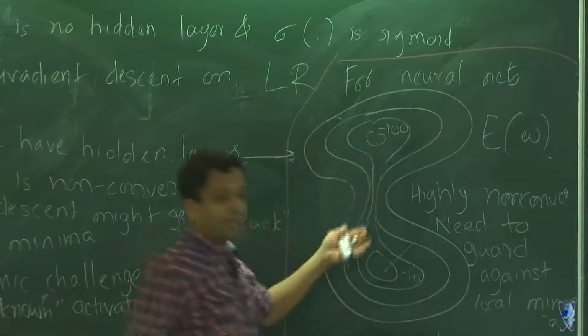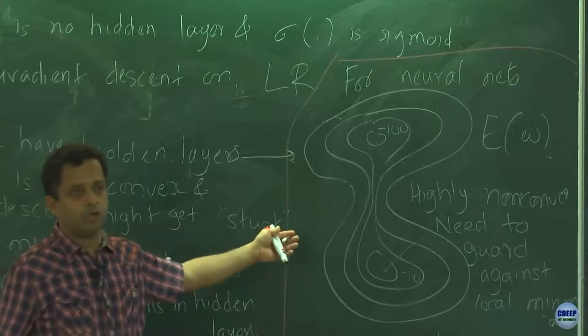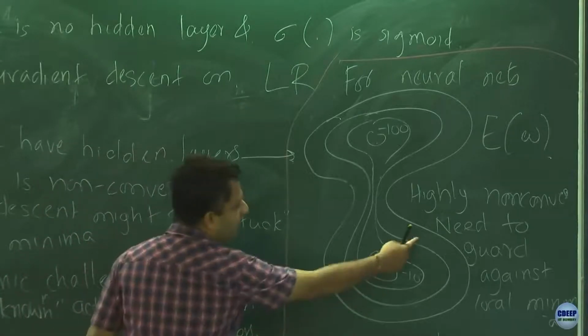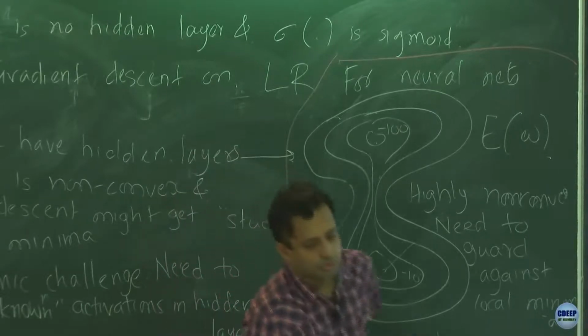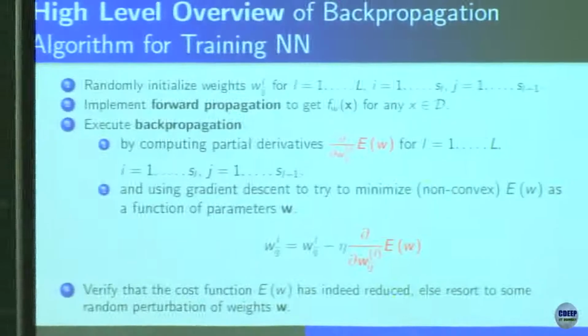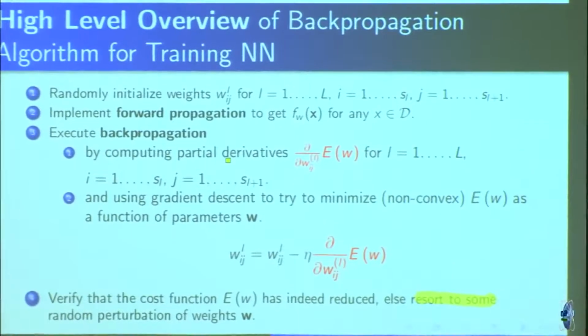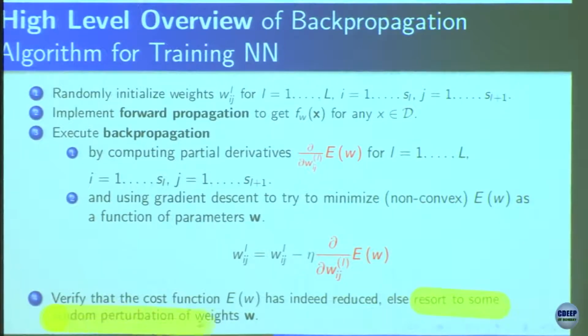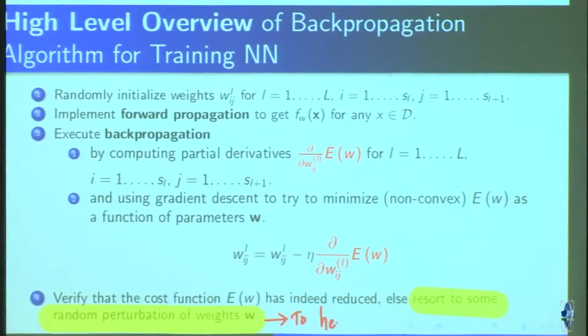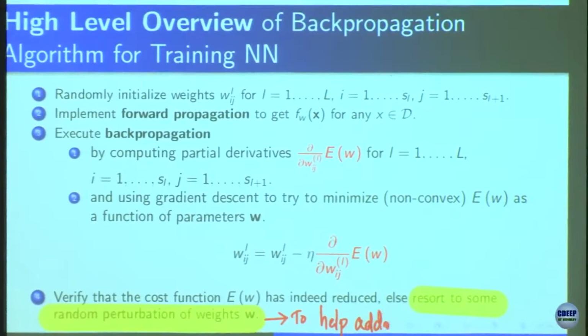Now because you are dealing with this very unwieldy space, non-convex search space, you may land up somewhere here, right? So to counter that, you may also resort to some random perturbation of weights w. Okay, and why are we doing this? This we are doing to help address non-convexity.